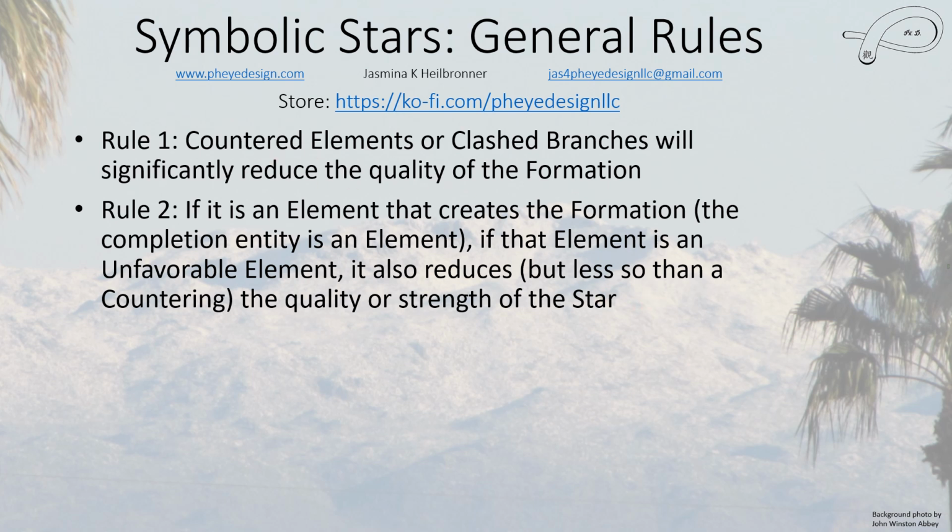And if you don't have a lot of that element in your chart, even if it is an unfavorable element, lots of times it will help balance your chart, so it's really not that bad. But it does have some effect. It may make it harder to make the right decision to help you, and so sometimes you have to think a little bit more clearly.